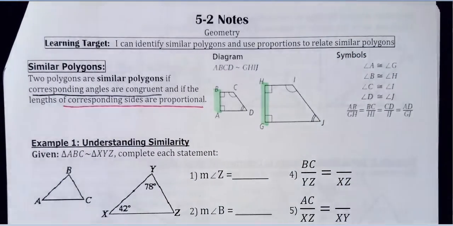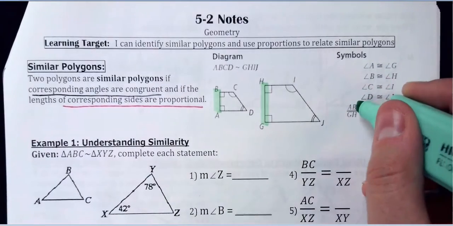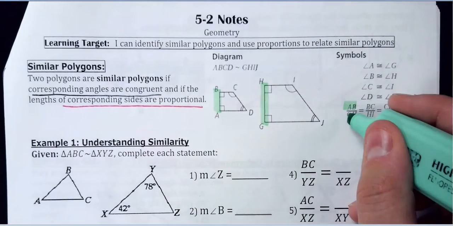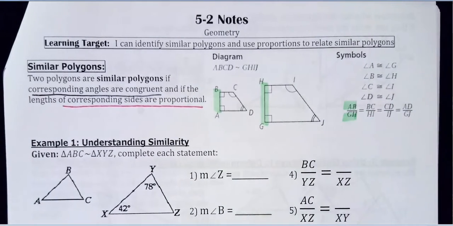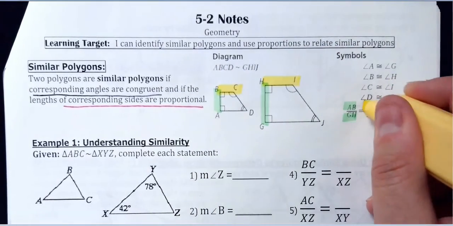If we knew the side lengths, you put those two in a fraction together, AB over GH. That would be equal to any of the sets of corresponding sides, like the next one, BH and HI.